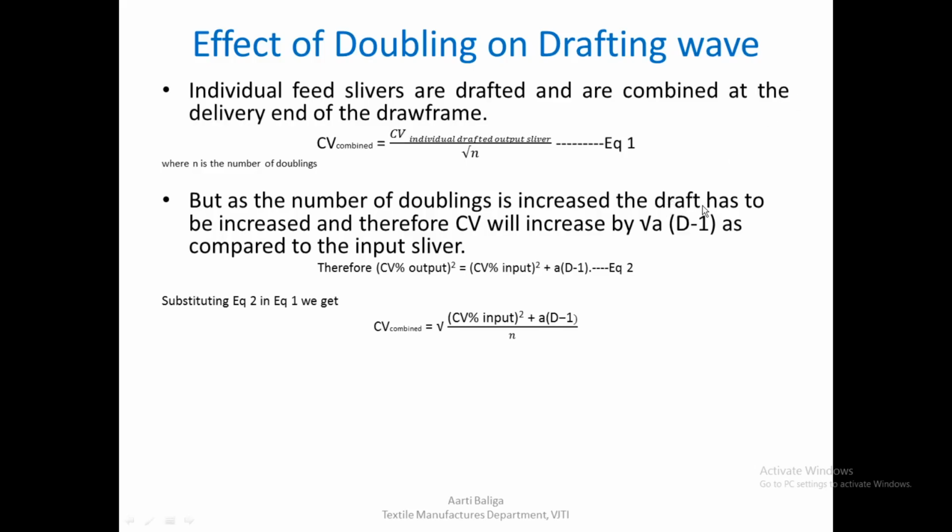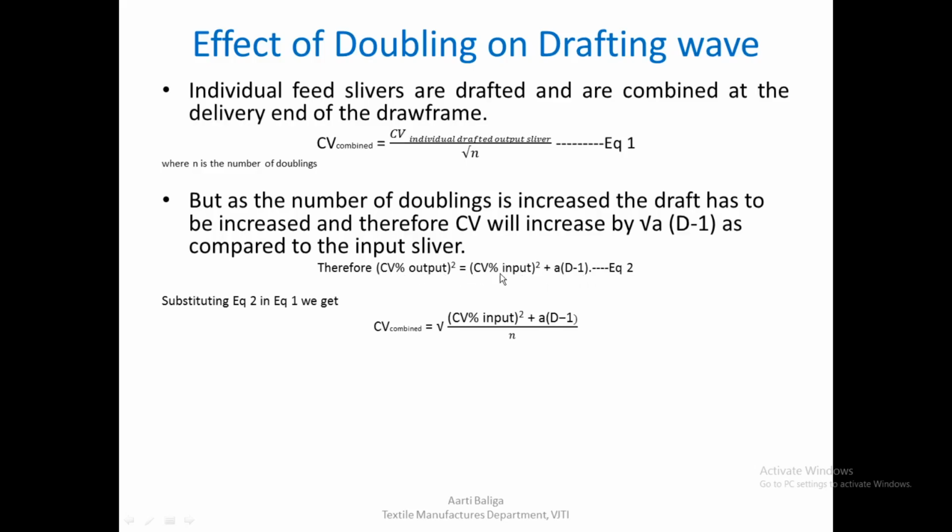But once you increase the draft, as we've seen in the earlier slide in this lecture, the CV of the output sliver will increase by root A into D minus 1. And so our formula becomes: CV output for any input sliver would be equal to the CV of the input sliver, which was already there, plus A into D minus 1, which we have seen earlier.